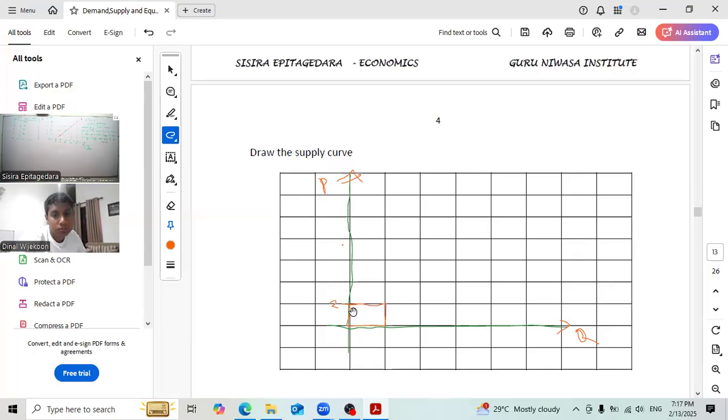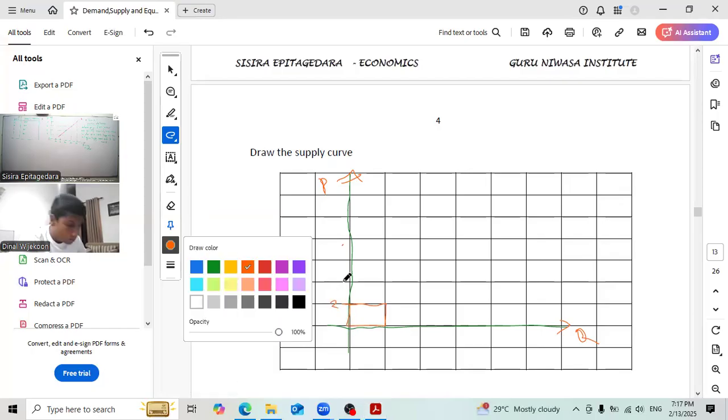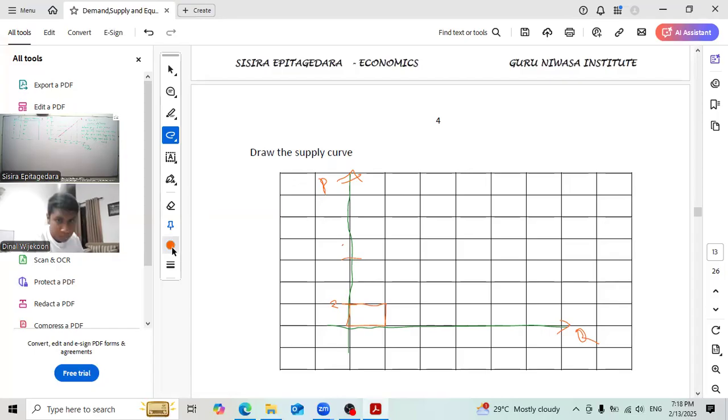Then when you're marking 4, how many squares have you taken? You have marked 4 here. Am I correct? Yes, sir.